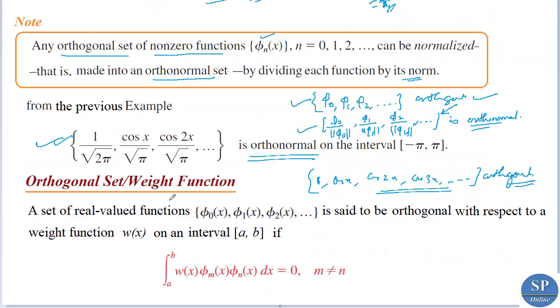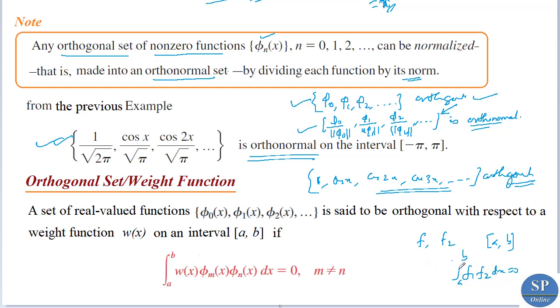Now we have orthogonal sets with a weight function. We studied that two functions f1 and f2 are orthogonal on an interval a b if the integral from a to b of f1 into f2 dx is equal to 0, or their inner product is equal to 0.